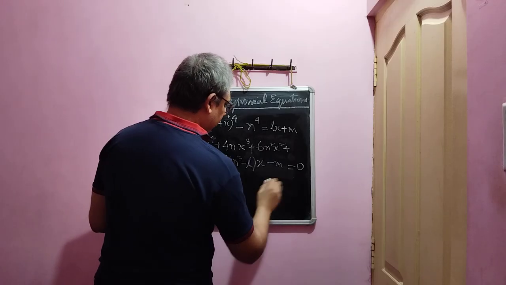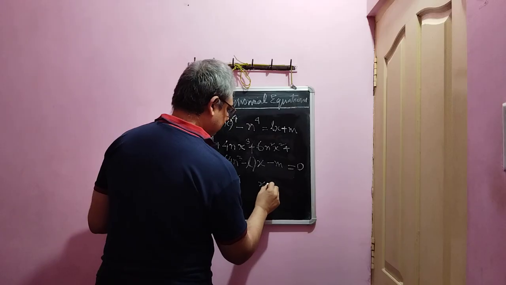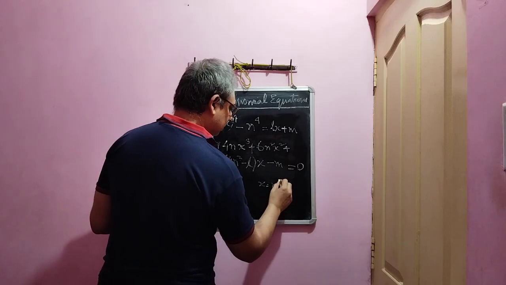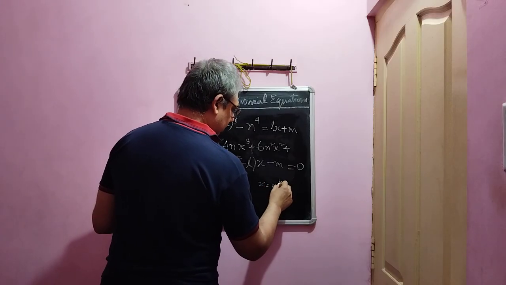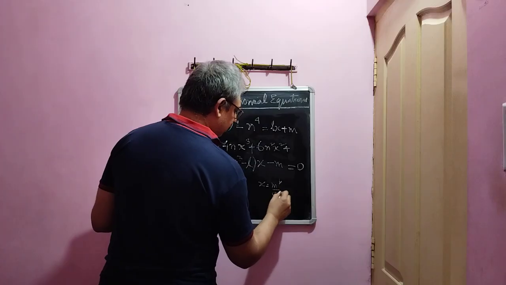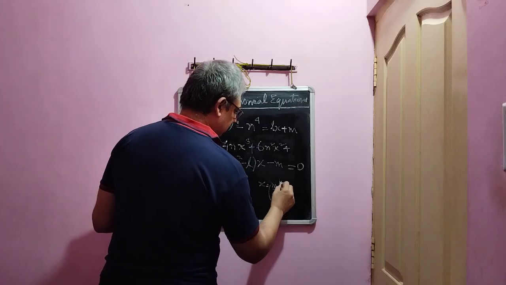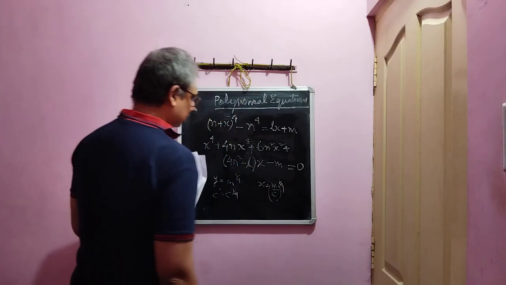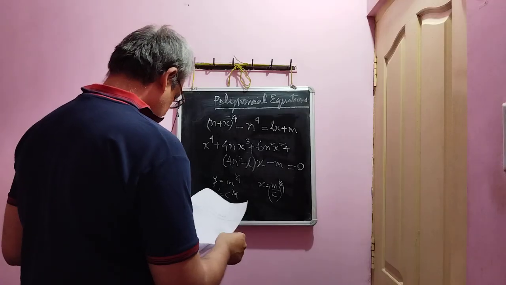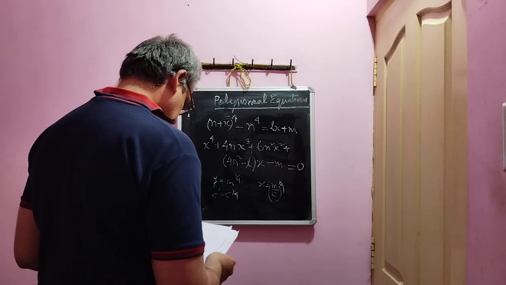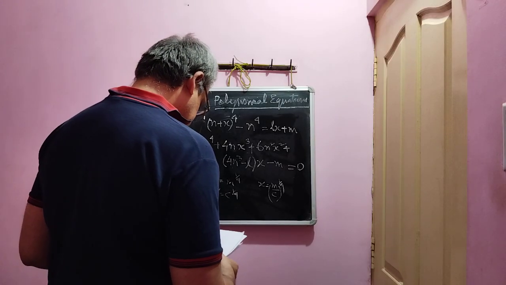First I begin by taking x is equal to m by c whole power 1 by 4. Okay.